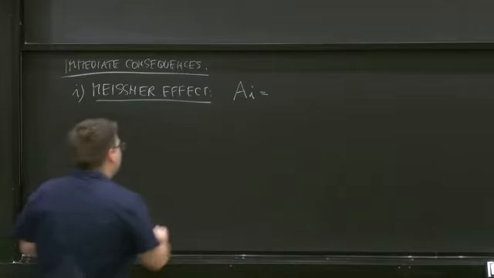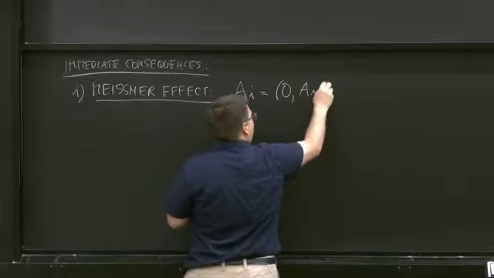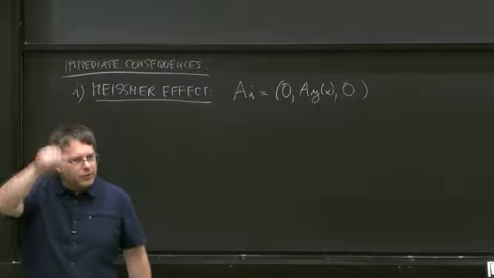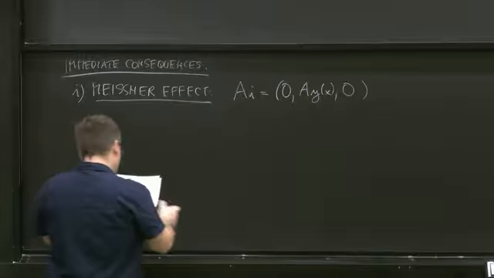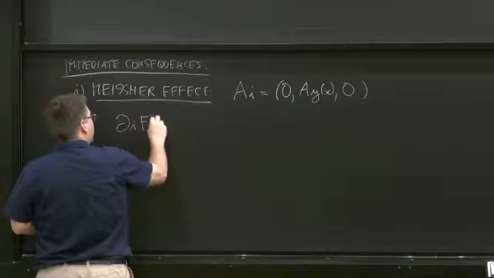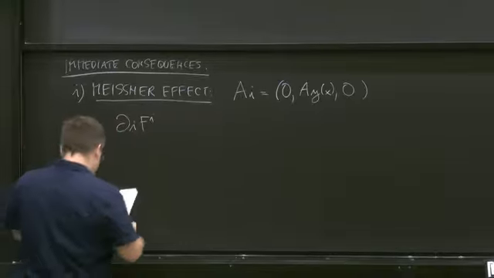Okay, so you consider A_i to be 0, A_y of x, and then 0. So that's your vector field that gives you the magnetic field in the z direction. And so if you look at that, then we have d_i F_iy, and I take the non-trivial component to be y.